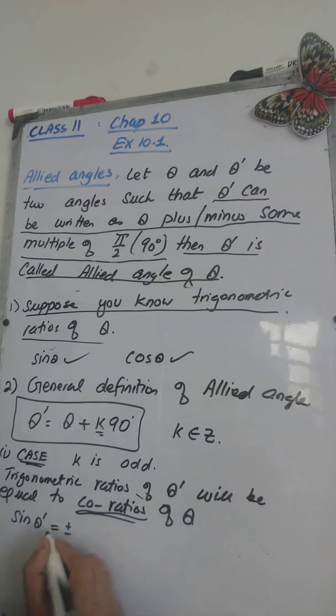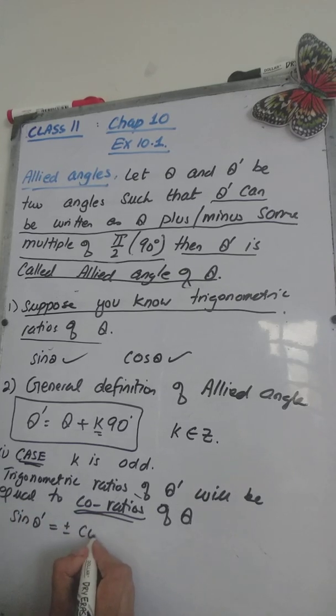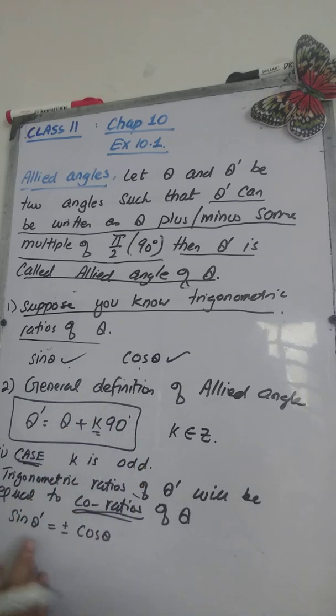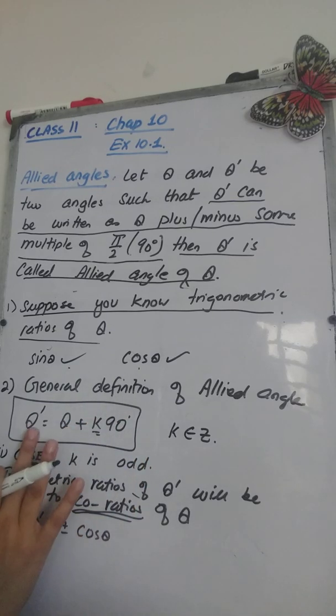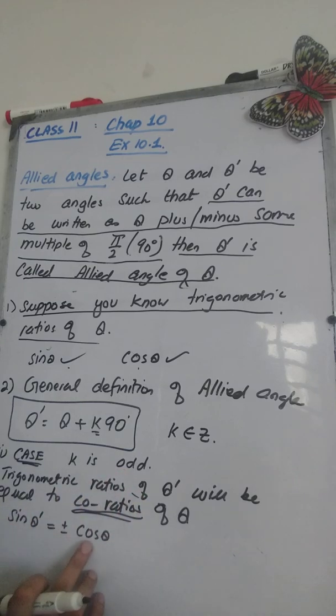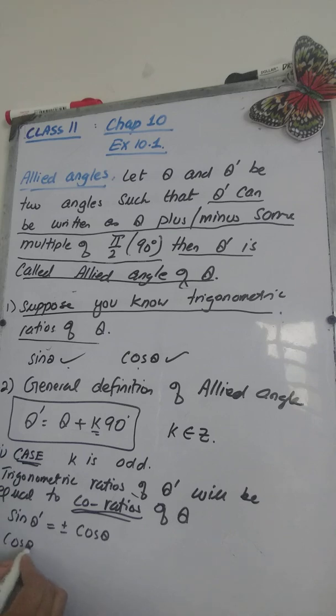So sine of theta dash will be equal to plus or minus its co-ratio, cos theta. With the help of this property, if theta dash is written in this form and k comes out to be odd, then sin theta dash will be equal to plus or minus cos theta. Sin will go to its co-ratio. Similarly, cos theta dash will be equal to plus or minus sin theta.